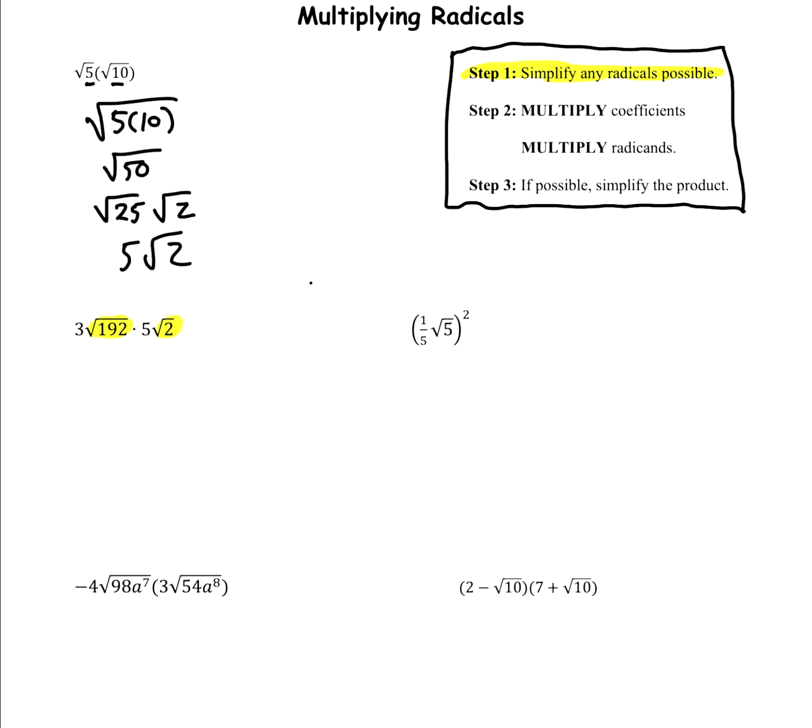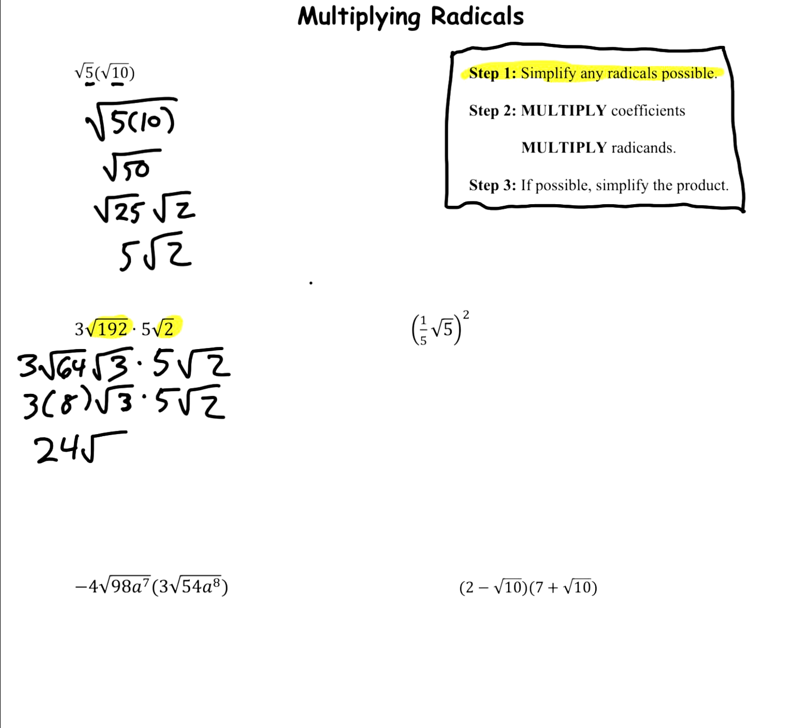Then 192 divided by 64 is 3, so that would be 3 radical 64, radical 3, times 5 radical 2. Let's keep on simplifying. That would be 3 times 8 radical 3 times 5 radical 2, which would be 24 radical 3 times 5 radical 2. We simplify the radicals as much as possible.